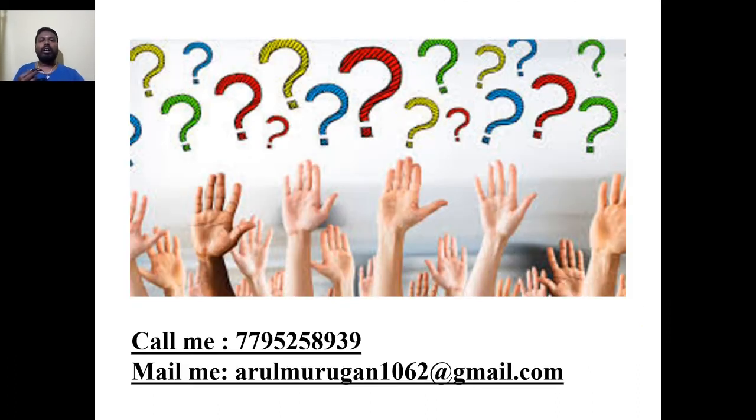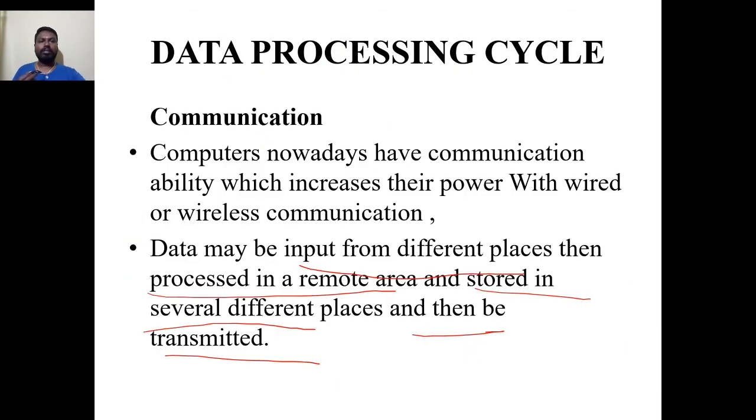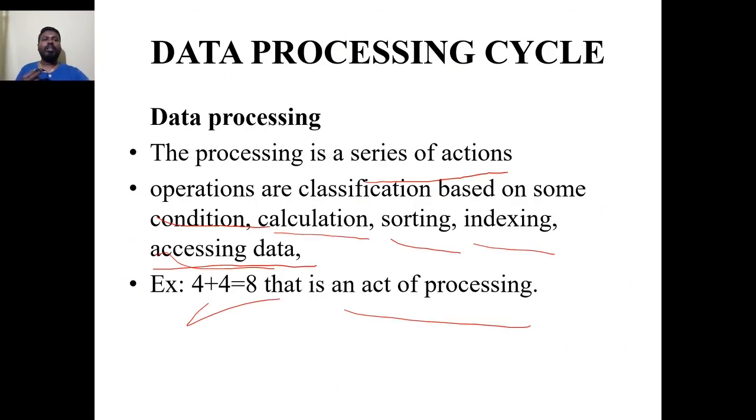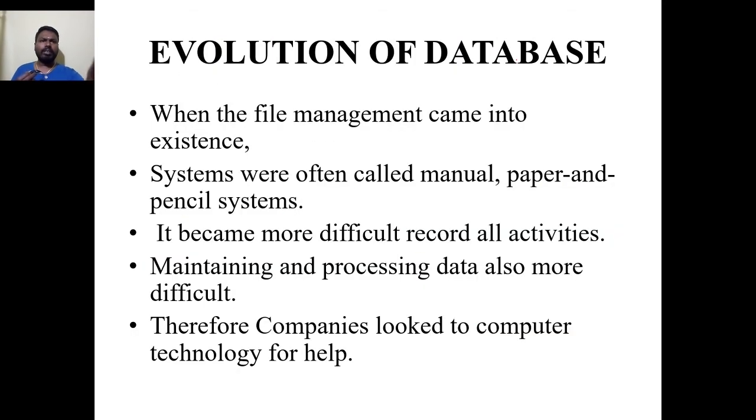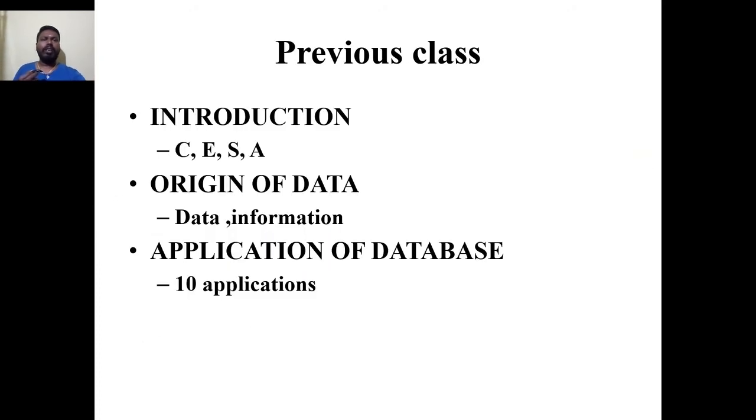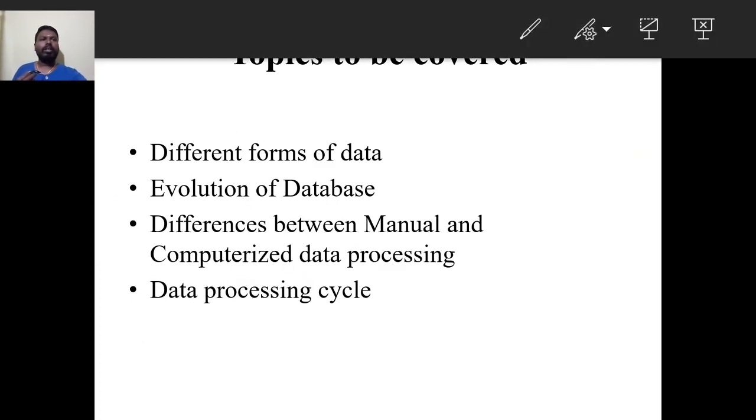We'll conclude this session with a summary. First, we discussed different forms of data. There are different forms of data available: audio, video, image, symbol, letter, number. Next, evolution of data. The file system came into existence.